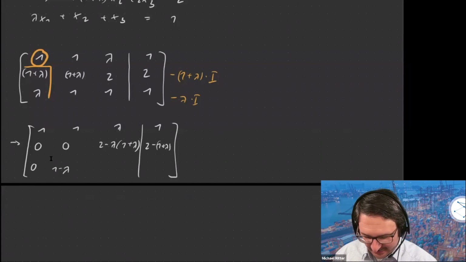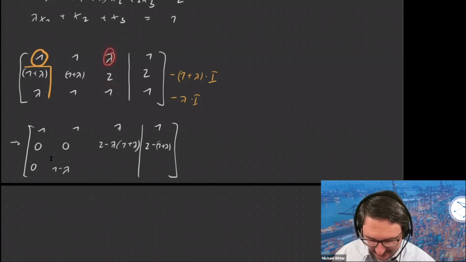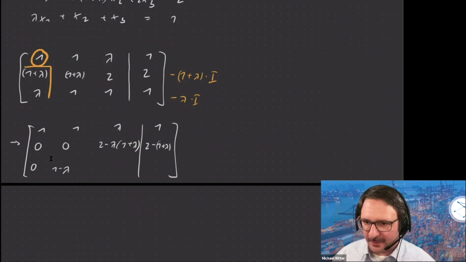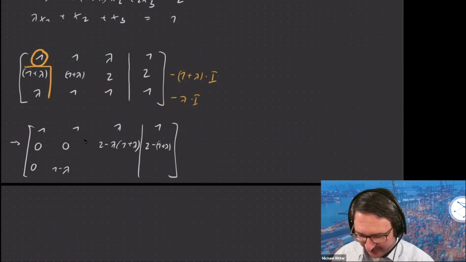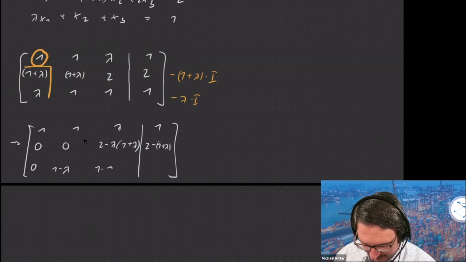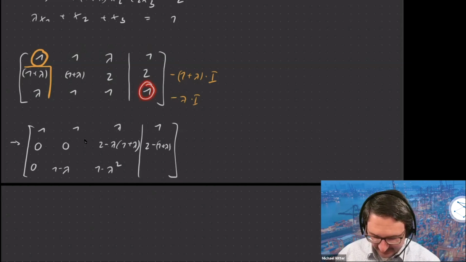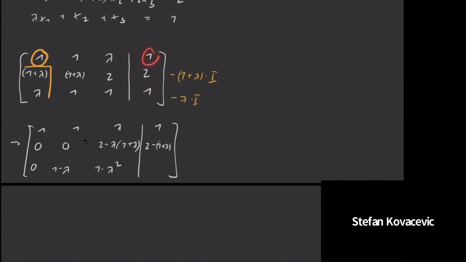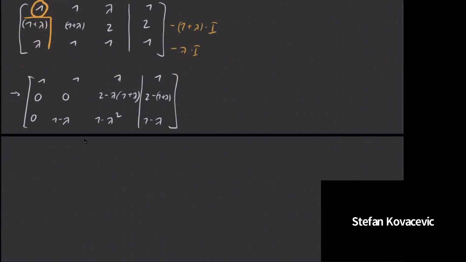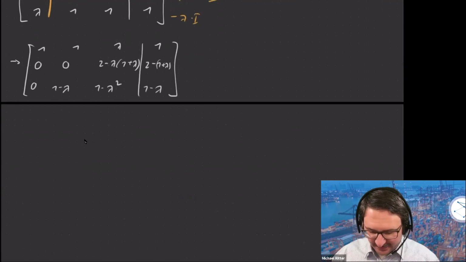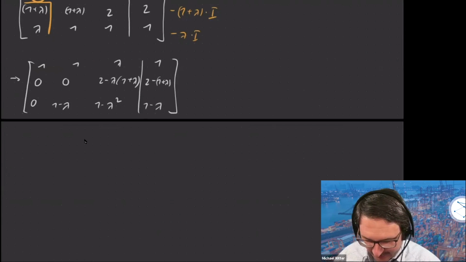And here we have a 1 and a lambda, so that is 1 minus lambda squared. And for the right-hand side, we have a 1 here and a 1 here, so we get 1 minus lambda again. Okay, that looks nice.